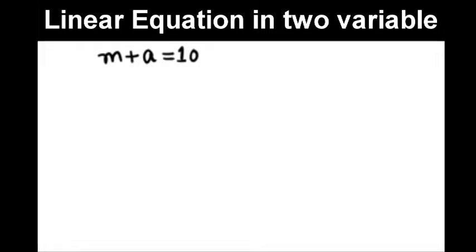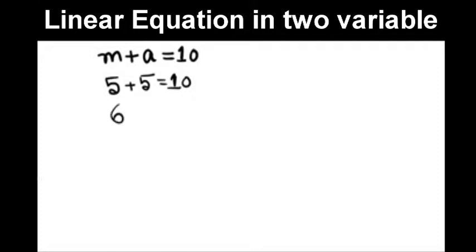Let's list out the chances of the values we may get. For example, the value of the mango might be 5, then the apple also must be 5 because the final result must be 10. Is it only one value? No, of course there are so many values we can obtain here.